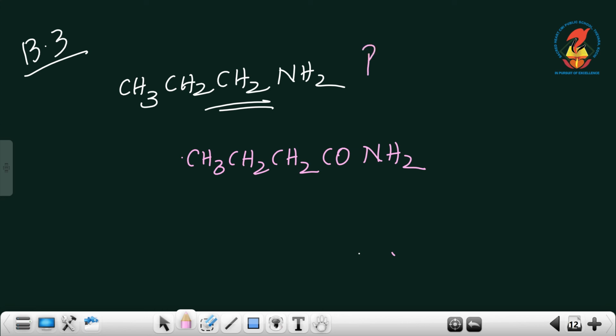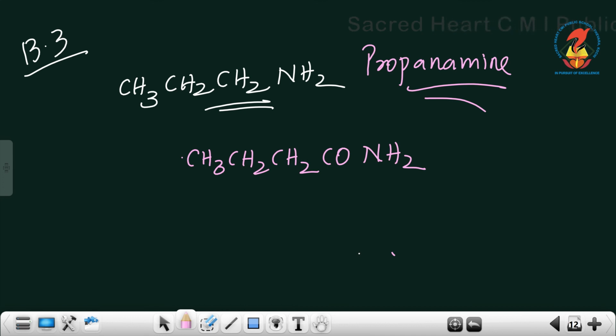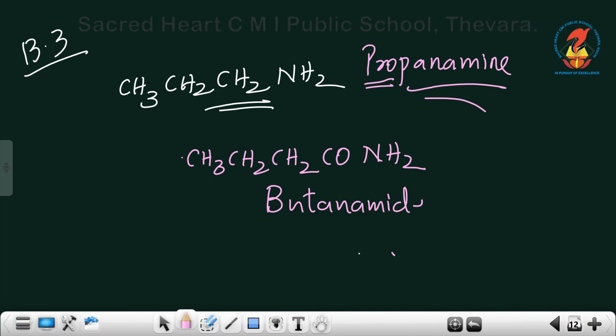Which amide we have to take? If we get propanamine, we know that the amine will definitely have one carbon less than the amide. So the amide will be, if this is prop, this will be butanamide. So from which amide are we getting propanamine? From butanamide. Okay.